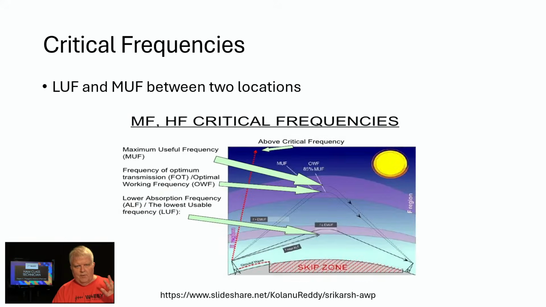There are 2 other frequencies to know about: the LUF and the MUF. The LUF is the lowest usable frequency you could use to communicate from point A to point B, so from South Carolina to London, England, let's say. And the MUF is the maximum usable frequency that would work between 2 locations, South Carolina and London, let's say.